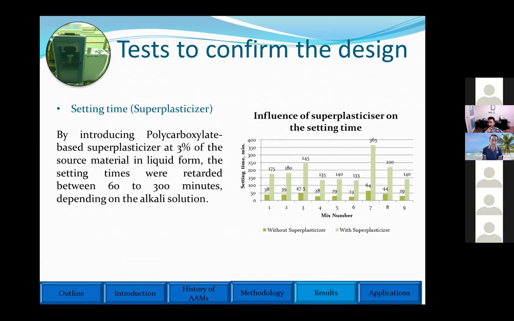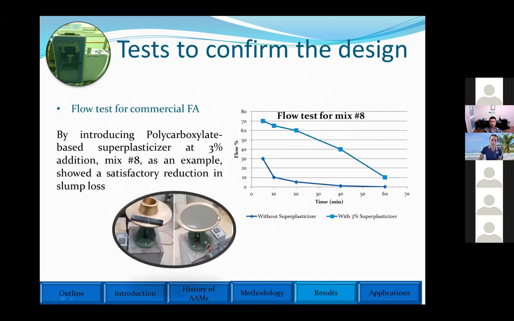For example, initially we introduced some superplasticizer, which is typically for workability, and we figured out that if you introduce superplasticizer, we could retard the setting and get longer time for working with the concrete. And then the slump loss is another problem.